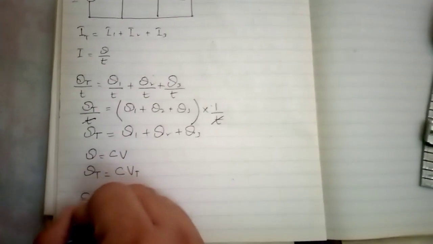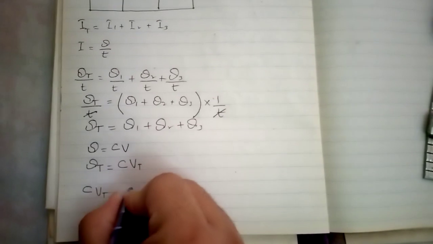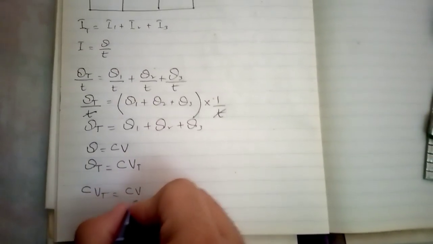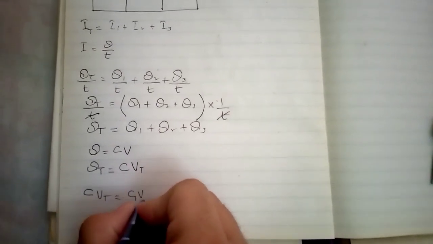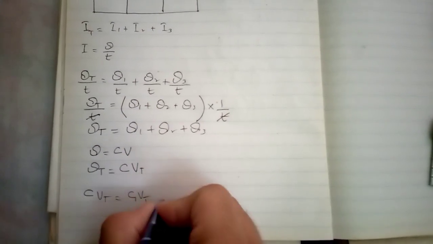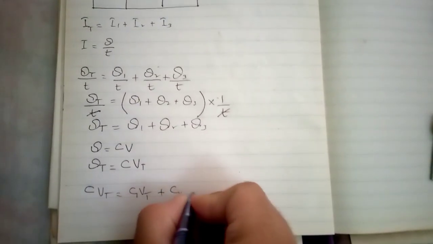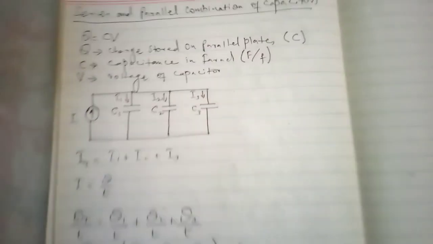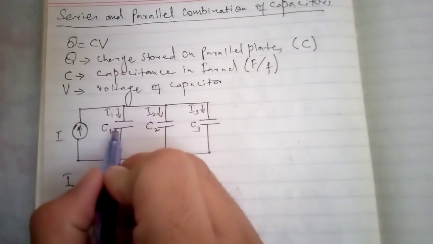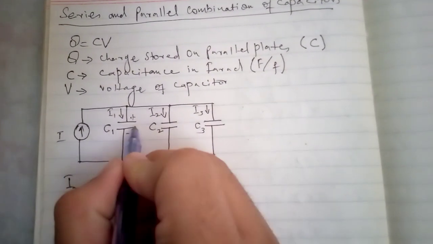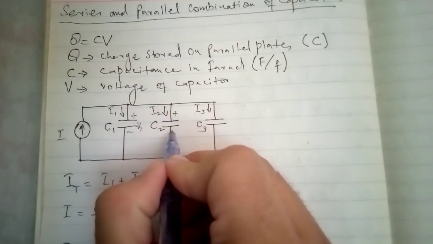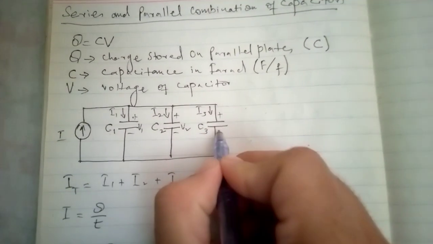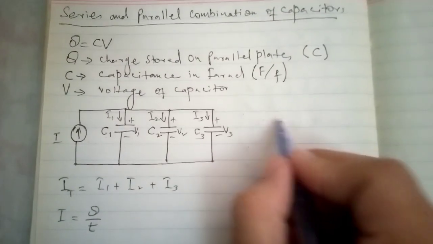So it will be like this: C Vt is equal to C1 Vt plus C2 Vt plus C3 Vt. Why? Because here the voltage across C1 is plus minus V1, the voltage across C2 is plus minus V2, and the voltage across C3 is plus minus V3.